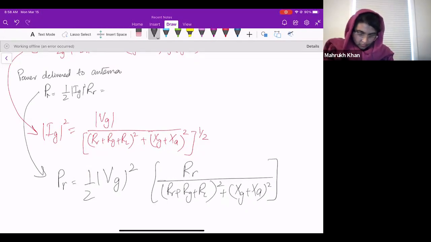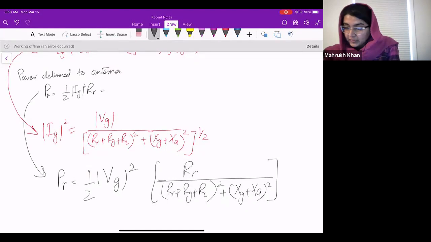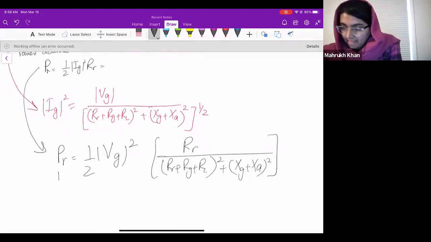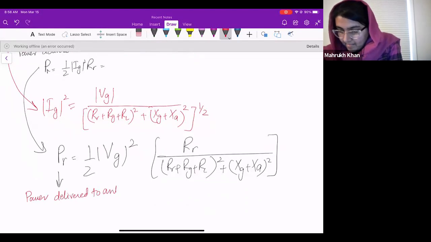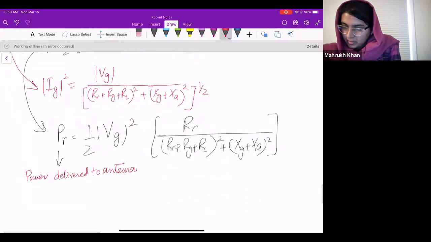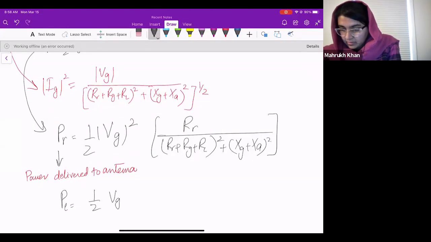Okay, so now the power dissipated as heat is in the loss resistance. So the power dissipated as heat is PL. That will be the same thing with RL.